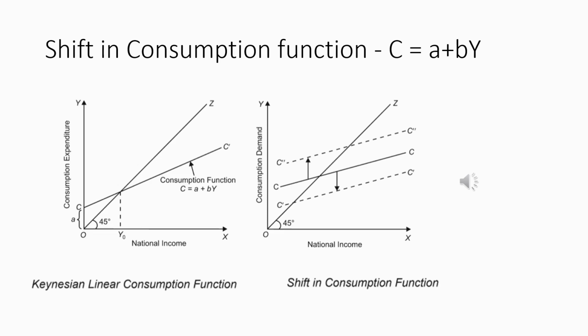Therefore, as a result of increase in propensity to consume of the community, the whole consumption function curve shifts upward, as has been shown in the figure by the C-C curve. On the contrary, when the propensity to consume of the community decreases, the whole consumption function curve shifts downwards, signifying that at any given level of income, less is consumed than before.